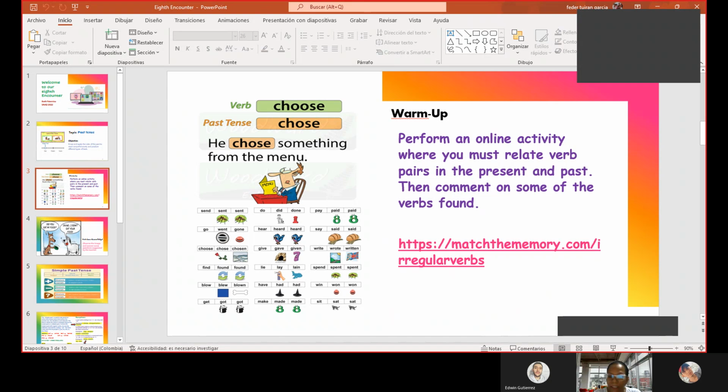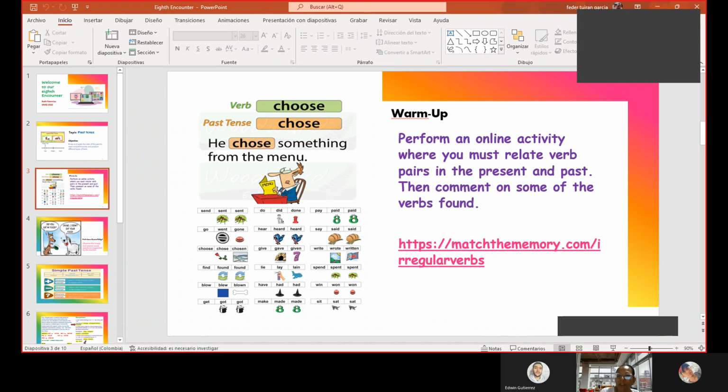You need to practice the irregular verbs. It's a memory match. You need to match the verb in the base form, or present, with its past. For example, if you find eat, the past of it is ate.